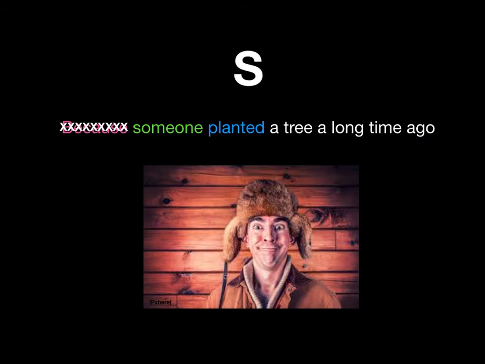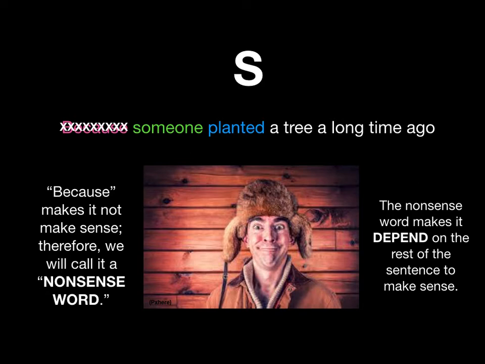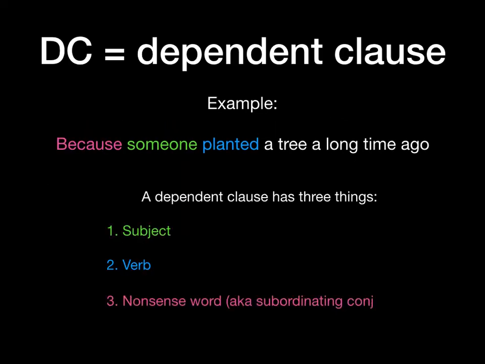So, the word because makes it not make sense. Therefore, we're going to call it a nonsense word. The nonsense word makes it depend on the rest of a sentence to make sense. So the third thing that we have in a dependent clause is a nonsense word. The real word is called subordinating conjunction, but who really cares?